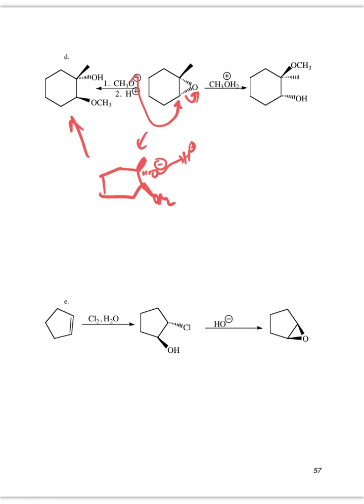If we have an acidic solution of the epoxide, we'll redraw it so we can see everything.